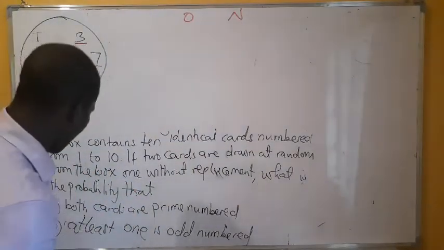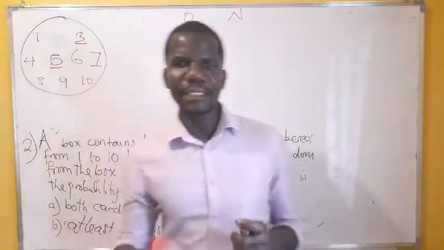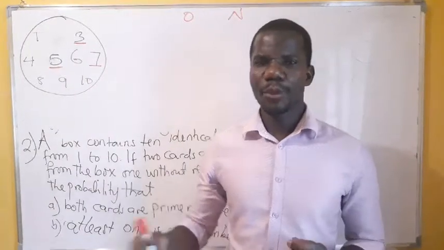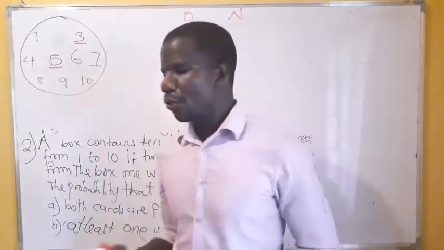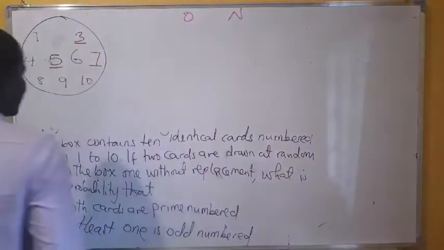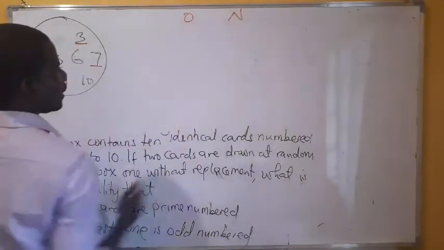At least one odd number means an odd number must be there. So at least there should be one odd number. Take it that this is an odd number and this is not an odd number.